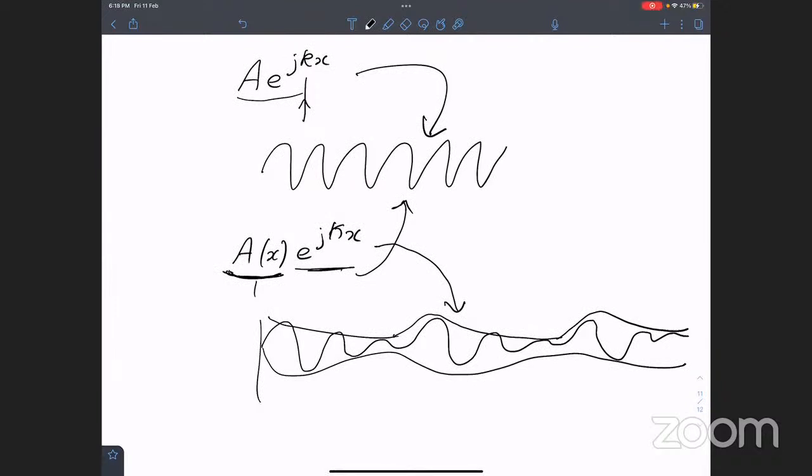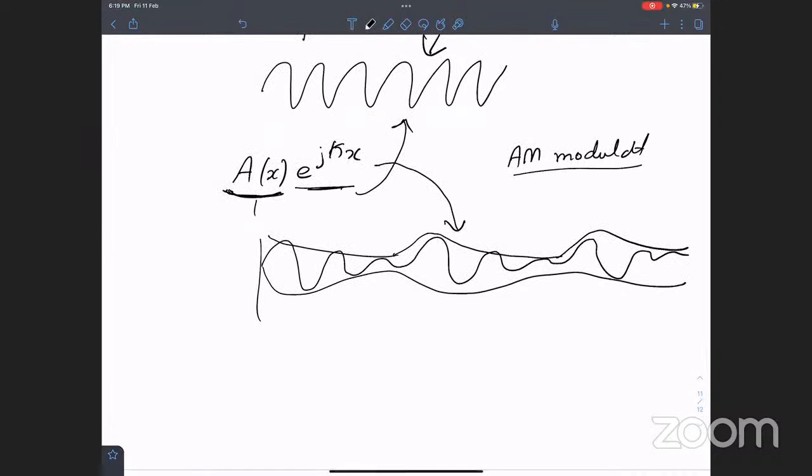Remember, you have AM modulation in electrical engineering. That is exactly what this is. The Bloch wave is like a periodic AM modulation of a sine wave, and the periodicity of that modulation is going to be the same as a. Okay, so this is how the Bloch wave actually looks.